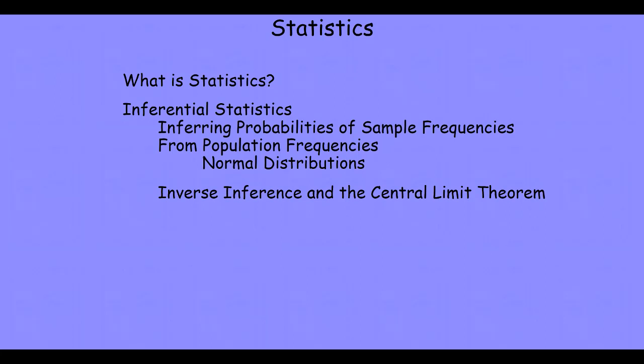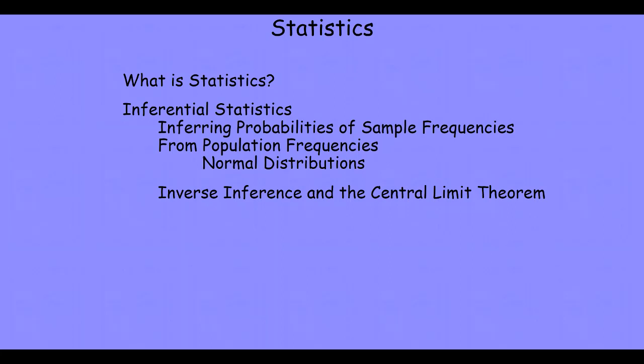Then we'll turn our attention to inverse inference, as it's sometimes called, or inferences that go from a sample to the population. And we'll look at the central limit theorem, the theorem that underlies the mathematicians and statisticians' understanding of that relationship that goes from samples to populations, and how that relationship mirrors the relationship that goes from populations to samples in inferences.